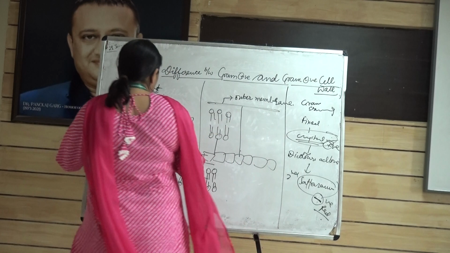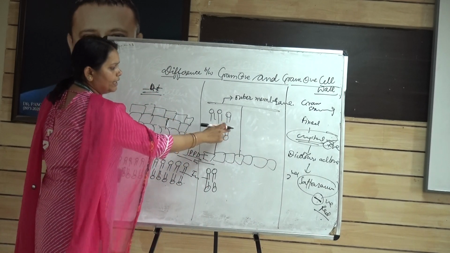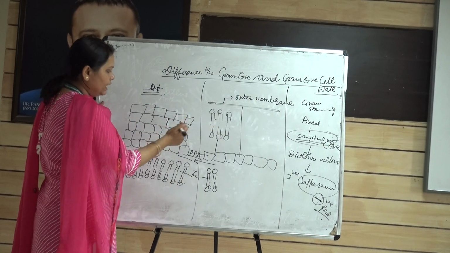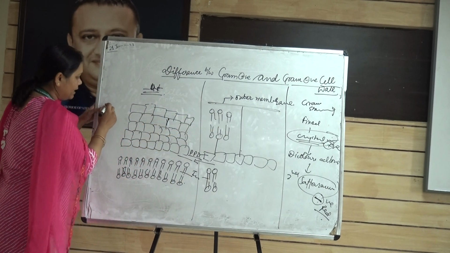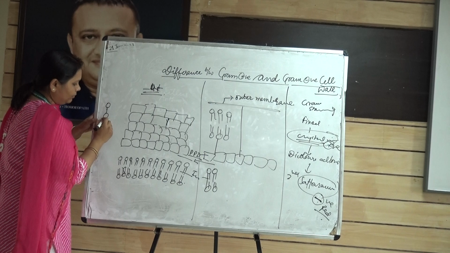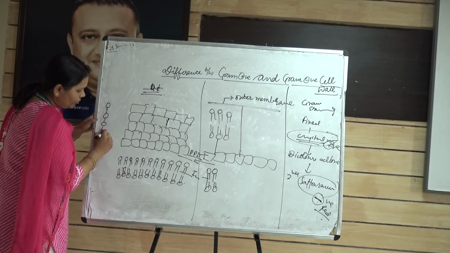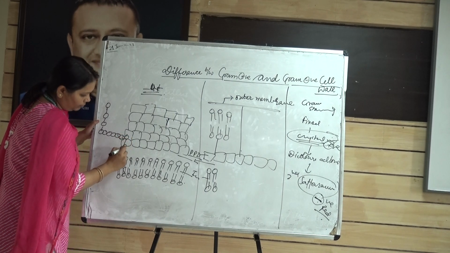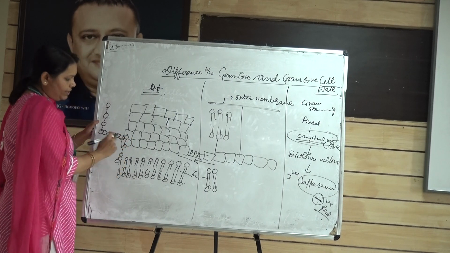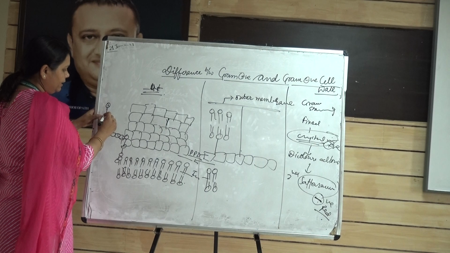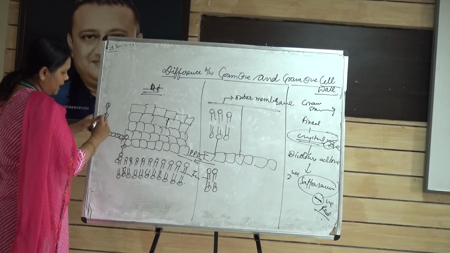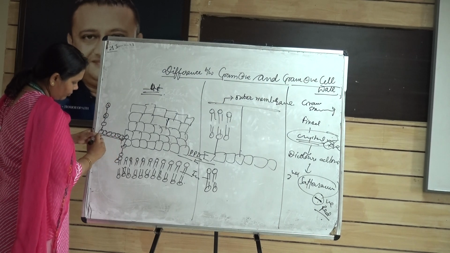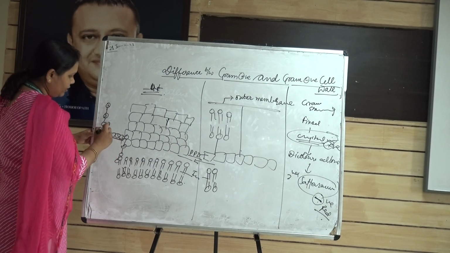In this peptidoglycan, in spite of L-alanine, there is D-alanine in the gram negative. In this peptidoglycan layer, there is a blocking of bond: L-alanine, D-lysine, and this is a phosphate bond.